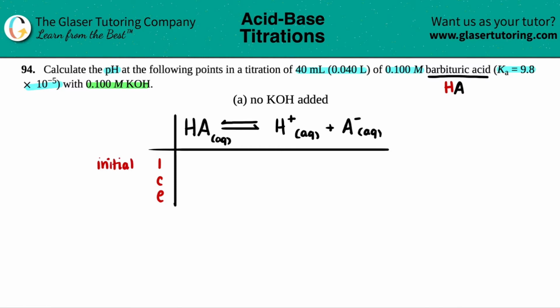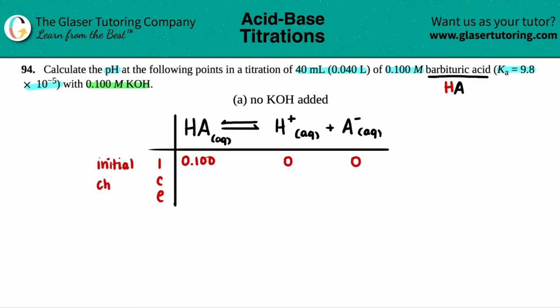So they only said that we started off with 40 mL of a 0.1 molar solution of this barbituric acid, right? So when we're doing ICE tables, remember, that's molarity. So they gave us that already, 0.100. But they didn't specify if I started off with any H plus or A minus, right? Didn't say it in the question, so I have to assume that that's 0 and 0.